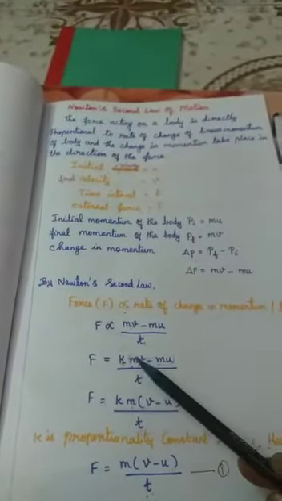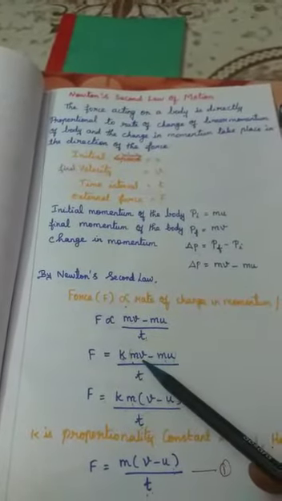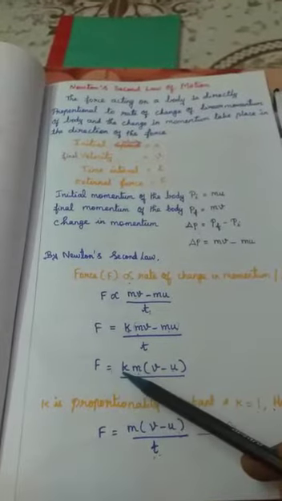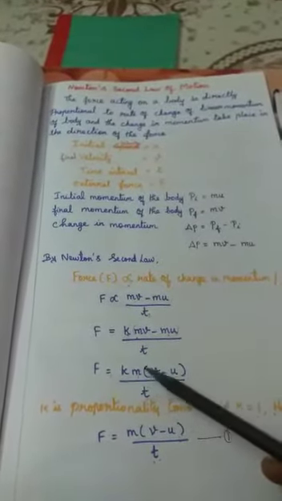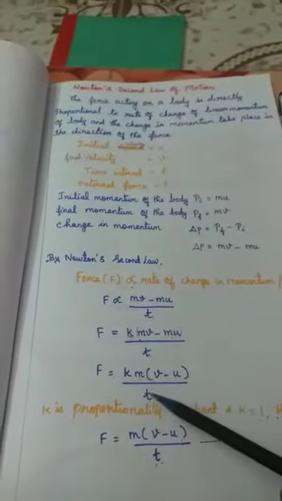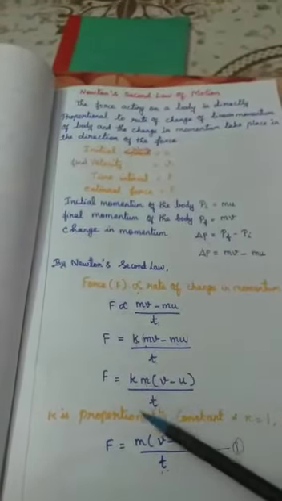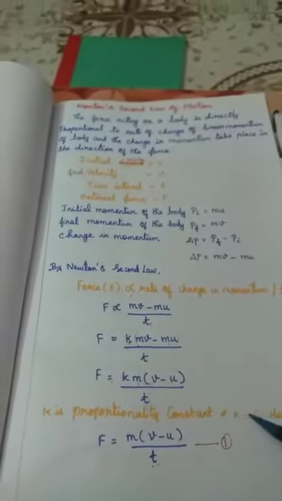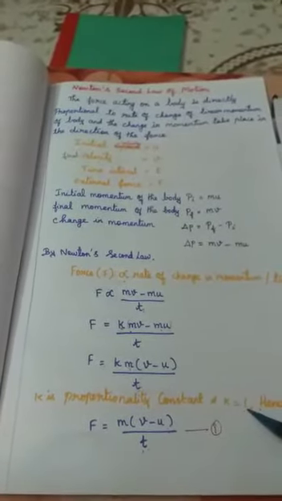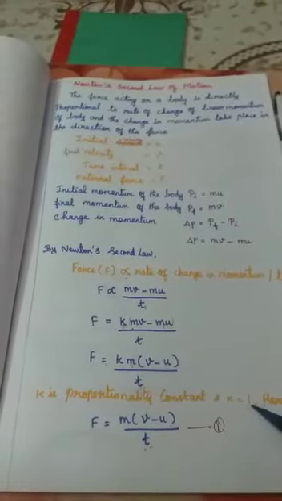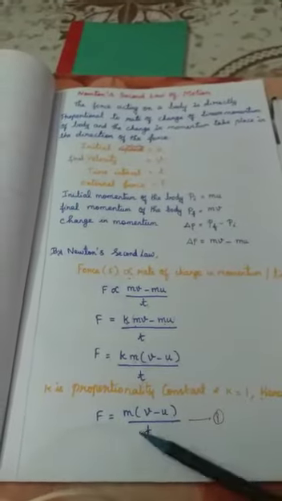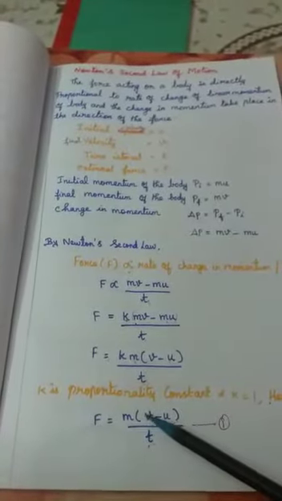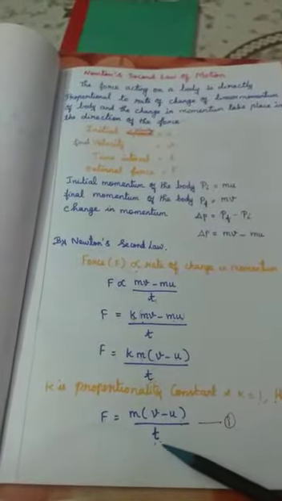Here we take m as common, and write the equation F is equal to k into m as common, v minus u by t. k is the proportionality constant, and let us consider the value of k to be 1. Hence, the equation is force F is equal to m into v minus u by t.